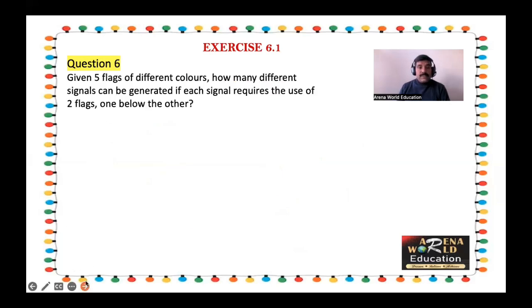So let us move to question number 6. In this question, 5 flags of different colors are given. Now the question is, how many different signals can be generated if each signal requires the use of 2 flags, one below the other? If we read this question carefully, just like previous questions, as we already discussed, language plays an important role in many mathematics questions.